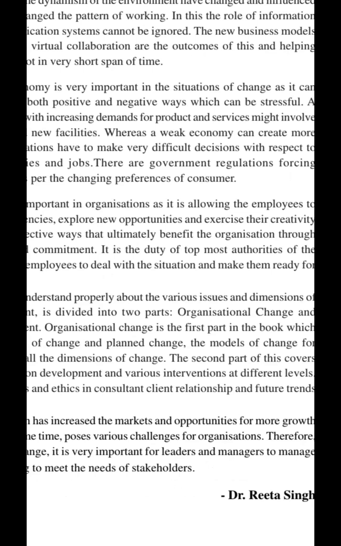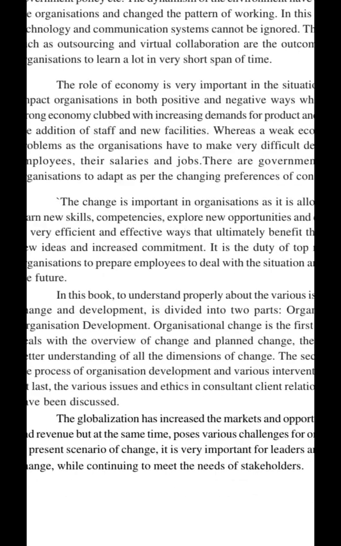There are government regulations forcing organizations to adopt changes as per the changing preferences of consumers.